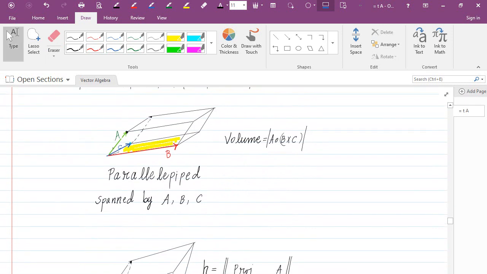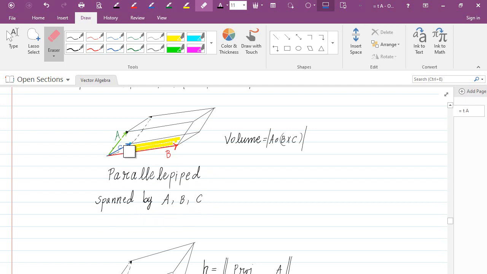Now the three vectors A, B, and C, which are in dimension 3, if we draw them at the same tail, then these three vectors span a box-looking object which we call a parallelepiped spanned by A, B, and C.